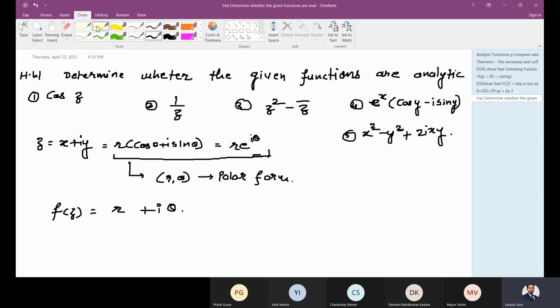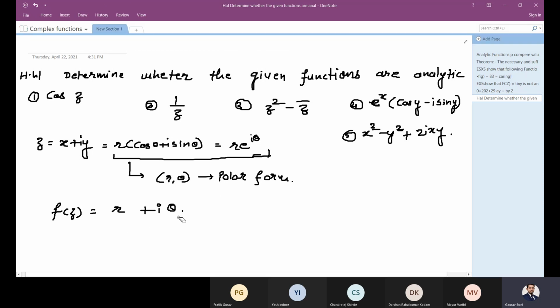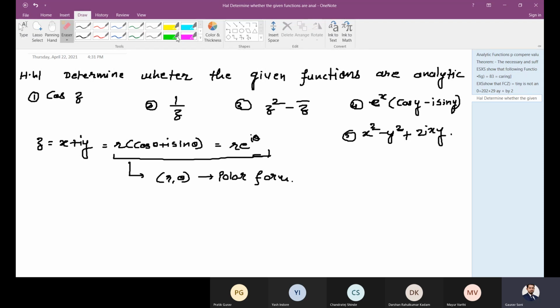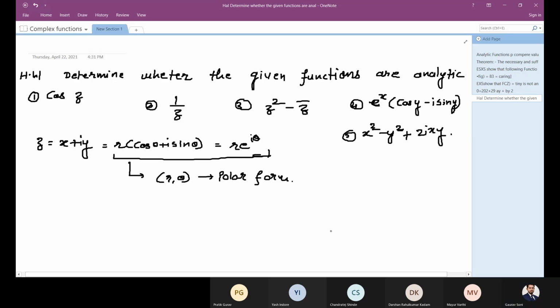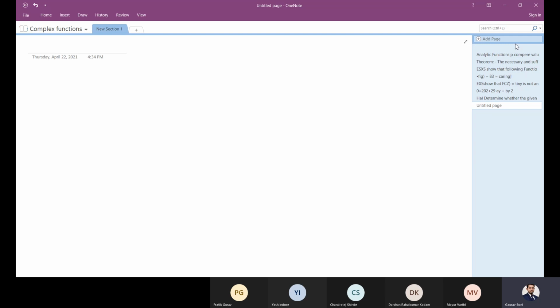How do we do that? That can be done using the CR equations in polar form. So CR equations in Cartesian form are ux equal to vy, uy is equal to minus of vx, and CR equations in the polar form are given.